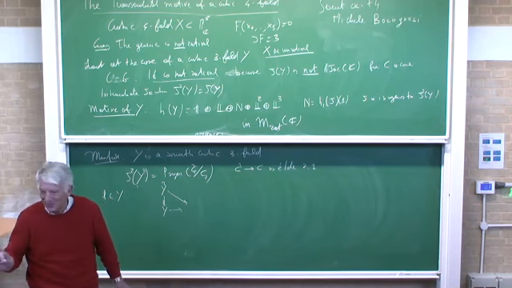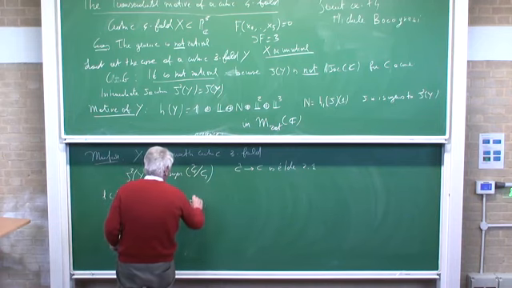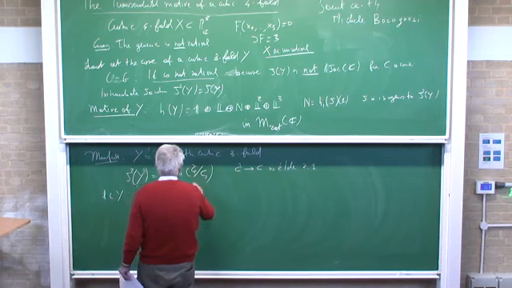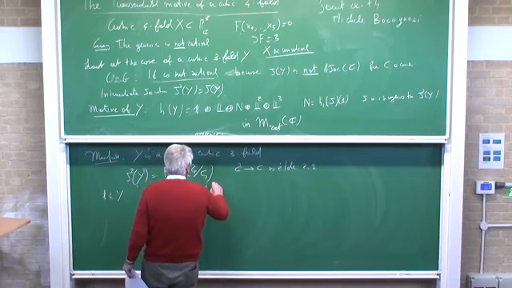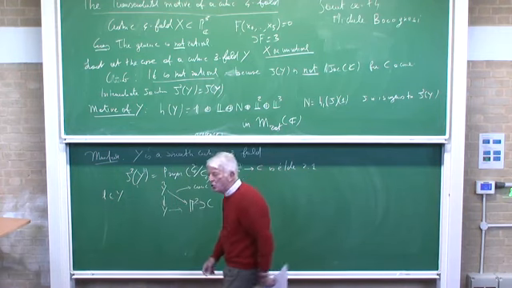It's the same story. And then you get a fibration over P2, which is a conic fibration.